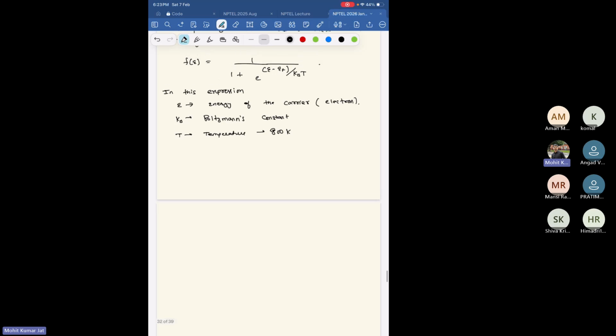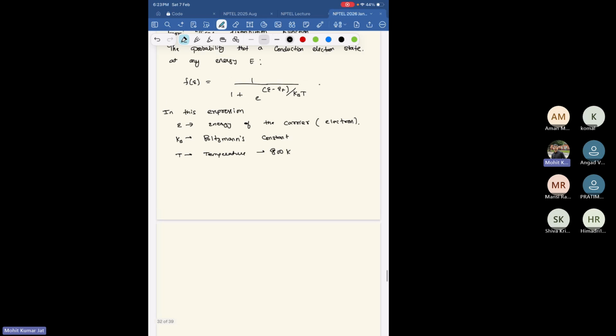If I ask you to draw this, in the last class I showed you how this distribution function goes as a function of temperature. I'll draw it once again so that it becomes clear. Let's say you are drawing your distribution function F(E), which is your probability of occupation.